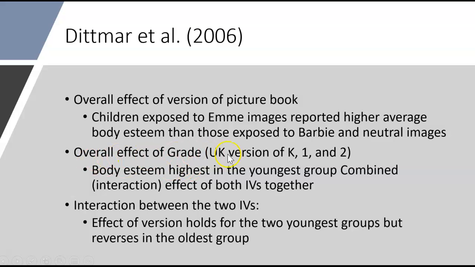There was also an overall effect for grade. Body esteem was highest in the youngest group, and you had an interaction effect. The interaction between the two IVs: the effect for the version of the book holds for the two youngest groups, but not for the older group. In fact, you see a reversal.